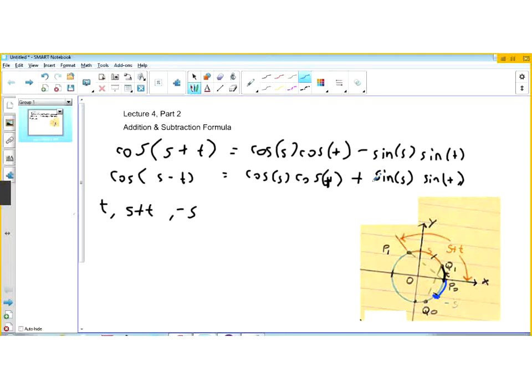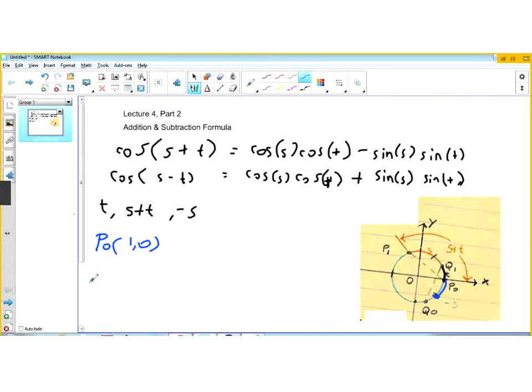Okay, so the coordinates of, say, point P0. Point P0 has coordinates (1, 0).